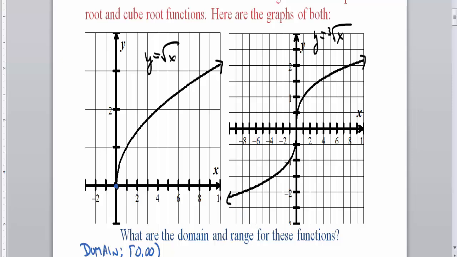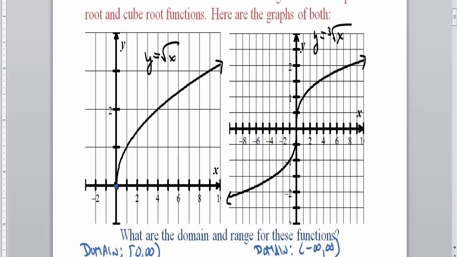And the domain and the range for the cube root graph: you can see here that the cube root graph is going all the way to the left, all the way to the right, and it's going all the way down and all the way up. So for the cube root graph, the domain and range are both going to be negative infinity to positive infinity.